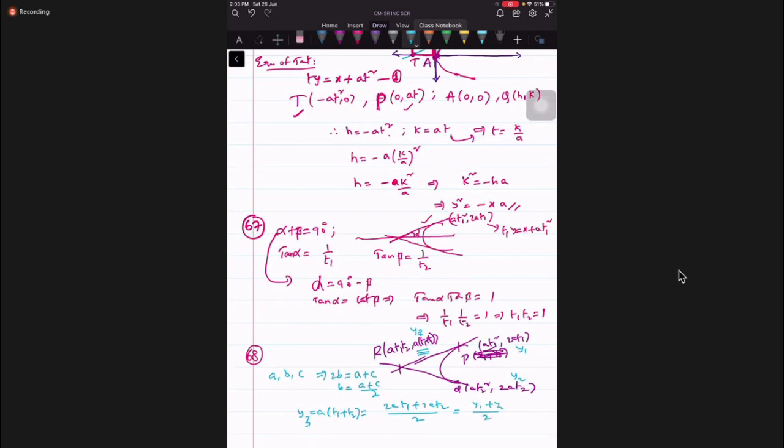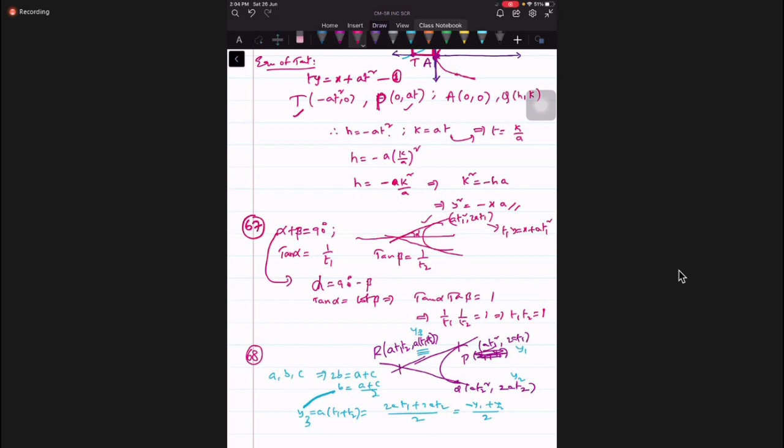Just put the points and the condition on the diagram. Don't worry, leave the points, Y1 or X1, whatever. Okay, next.